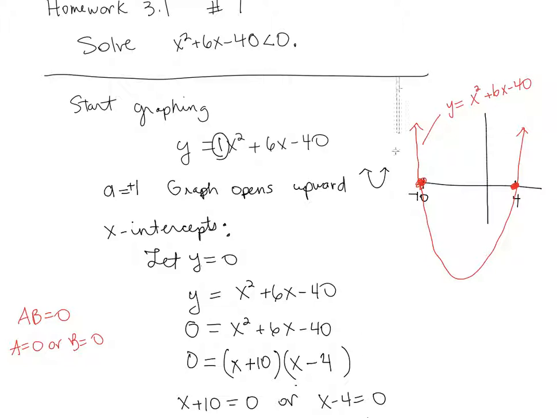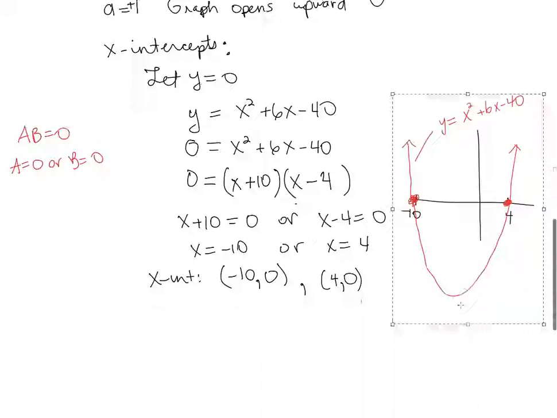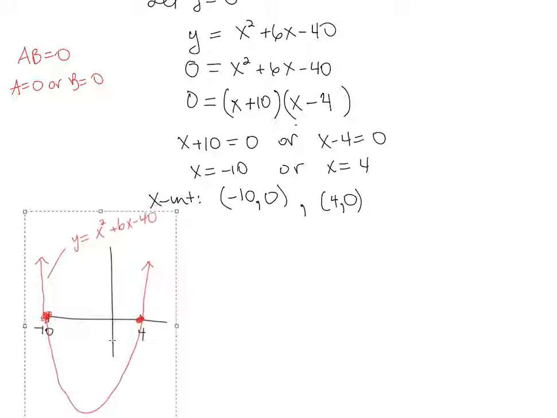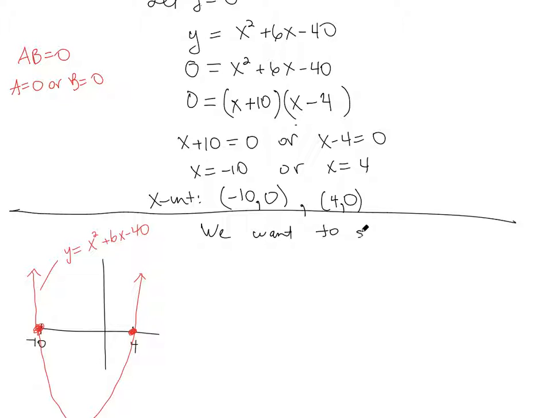Let me move this down here, and move this over here so I can use it. Getting back to what we want, we want to solve this inequality: x squared plus 6x minus 40 is less than 0.